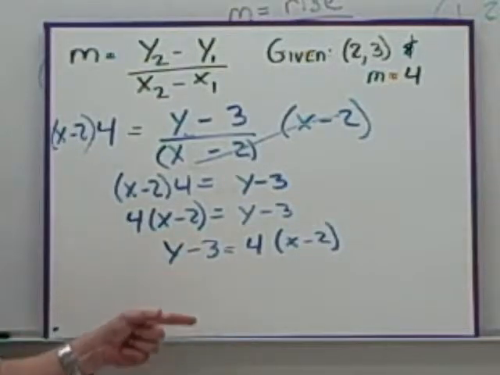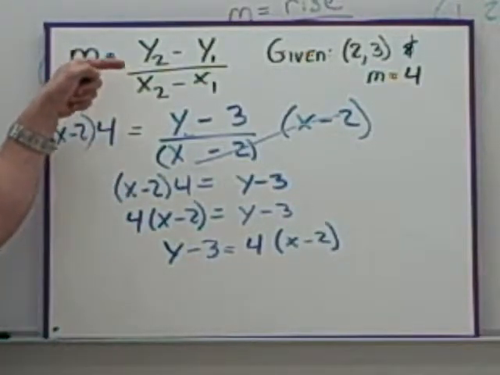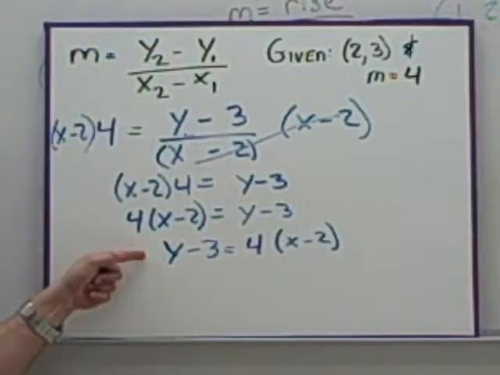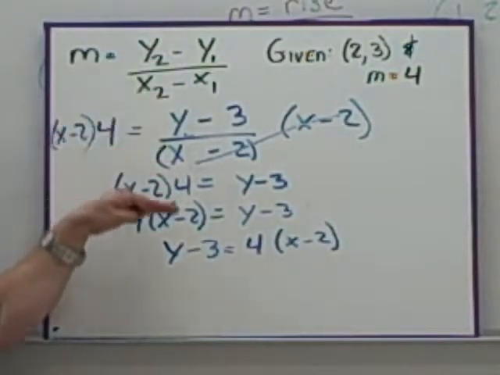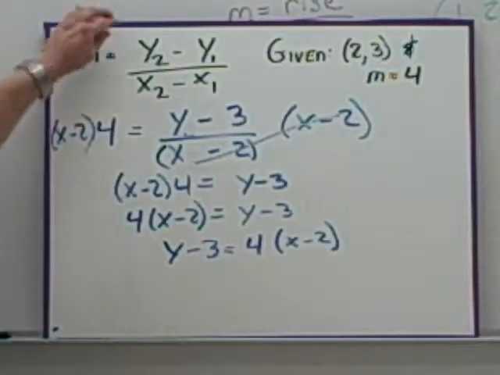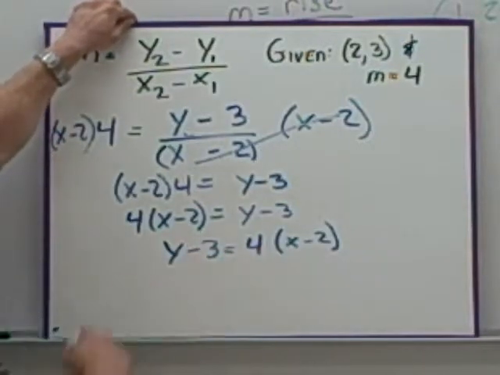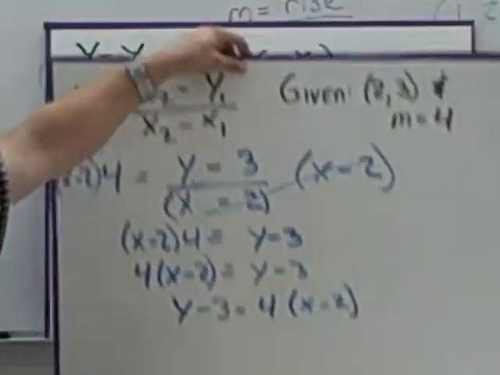Now, there are going to be cases where this is acceptable as your final answer for an equation. And there's actually a way to get from this to this rather quickly without having to go through all these steps. And we're going to see that in the next thing here. What we're going to do is we're going to take this and we're going to put back those subscripts and stuff.